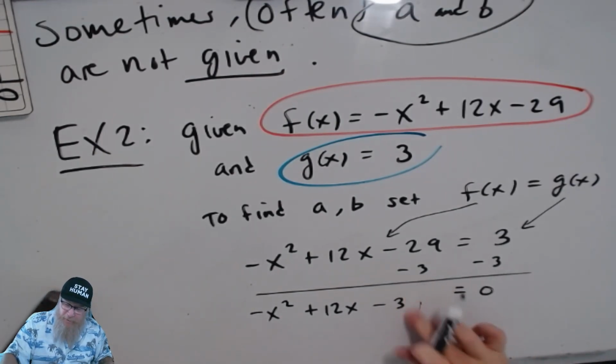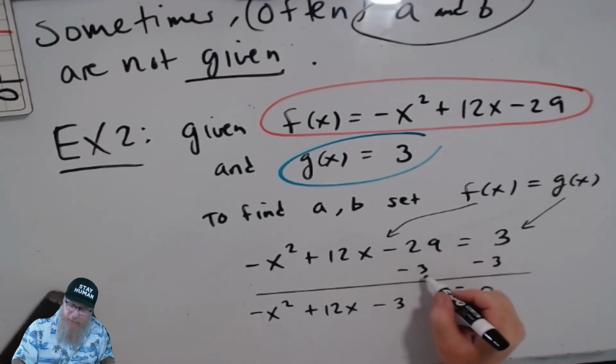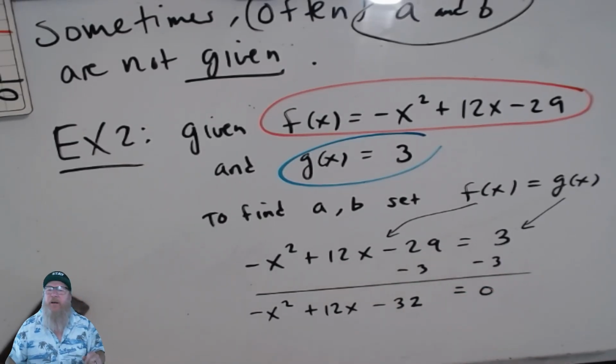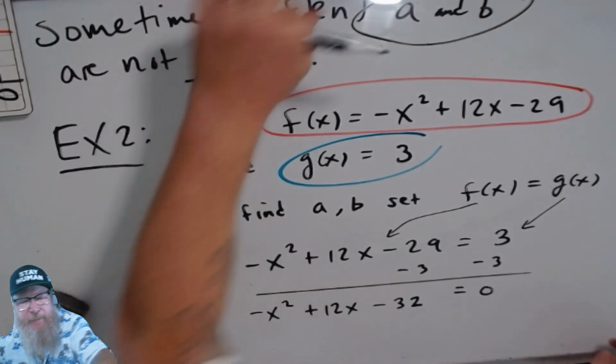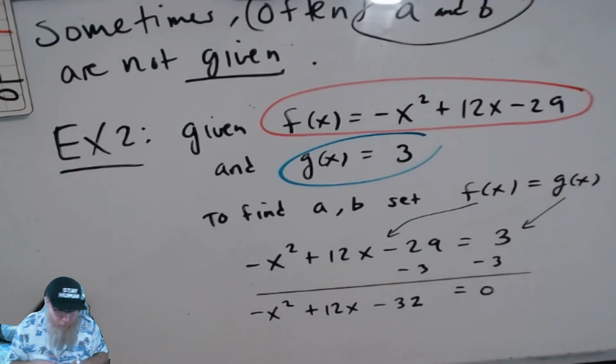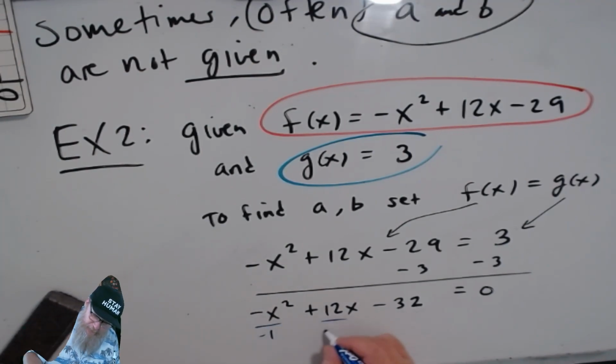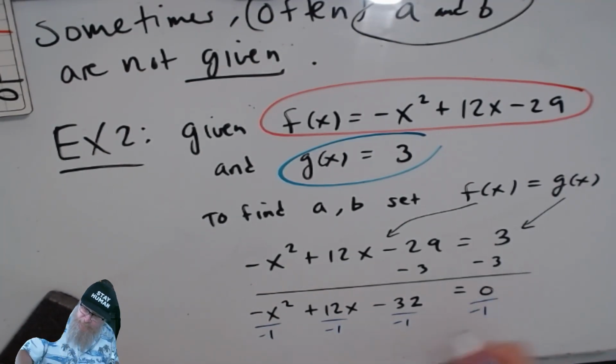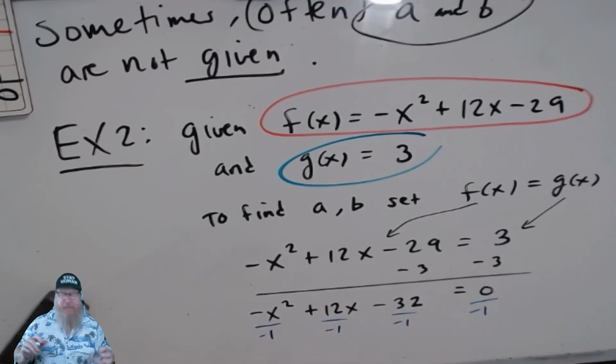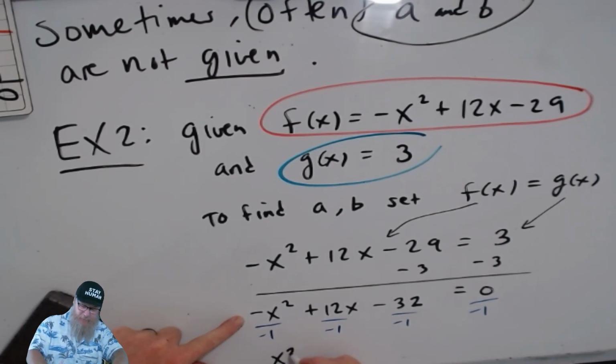Negative 29 minus 3 is negative 32. I'm going to divide everybody by negative 1, because I don't like leading negatives when I'm solving an equation.